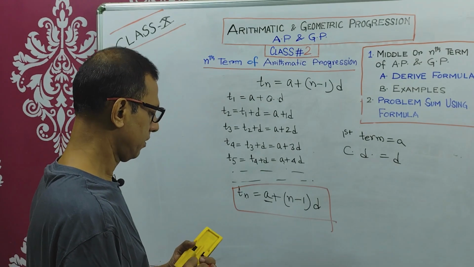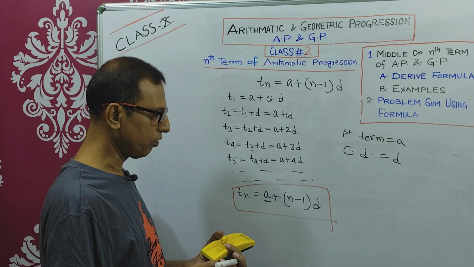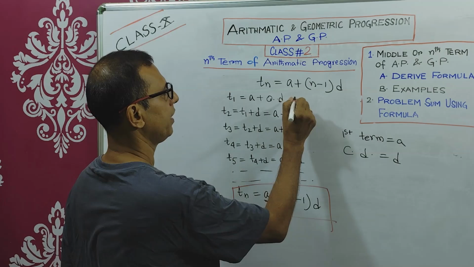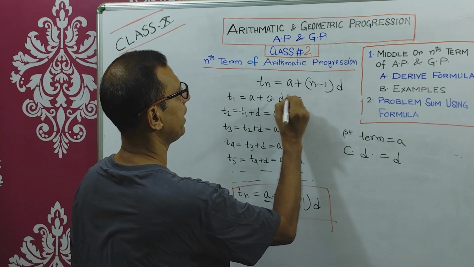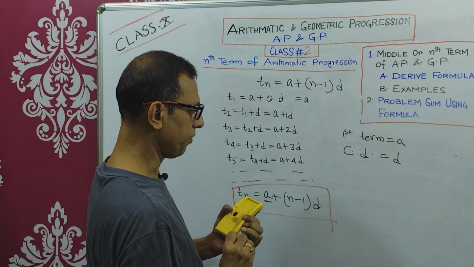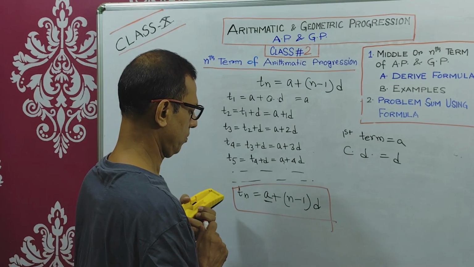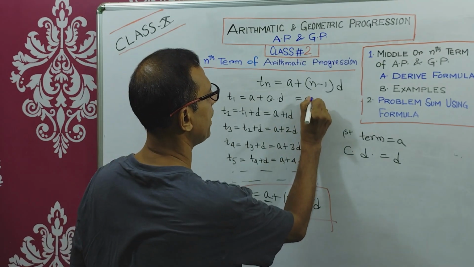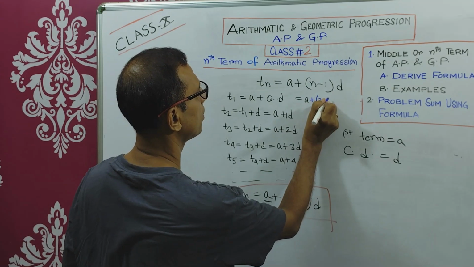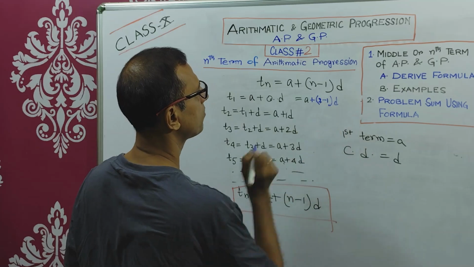Now you can also find this formula in a different way. Let's say a plus 0 into d. How can we write it? You can write a plus 1 minus 1 into d.